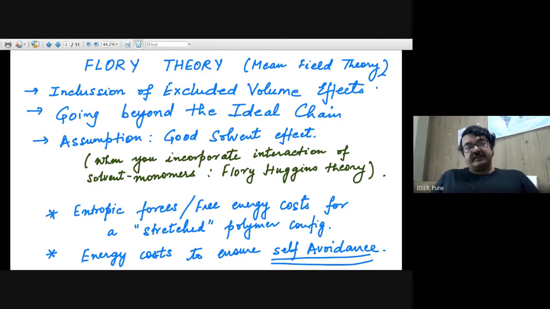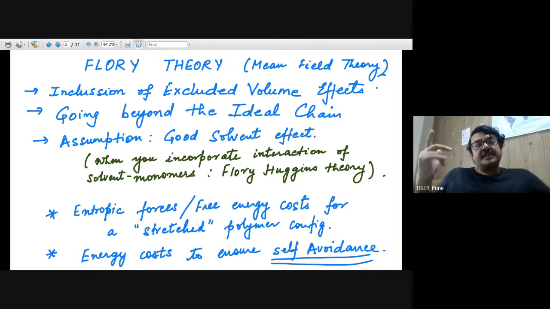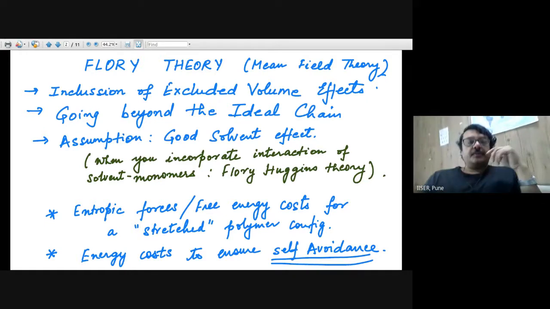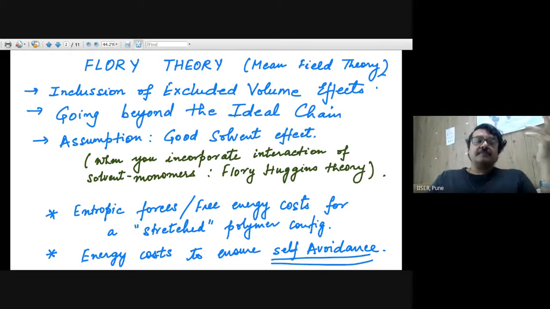And radius of gyration of a polymer chain gives an estimate of the statistically averaged extent of the polymer chain. So that is related to the end-to-end vector, statistically averaged again, of the polymer chain.